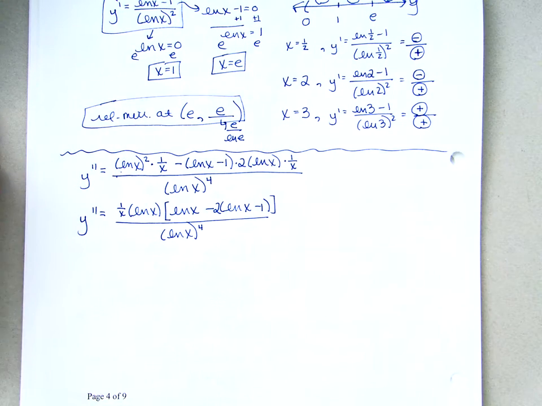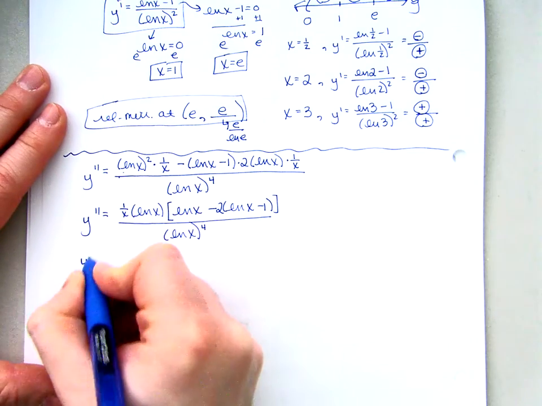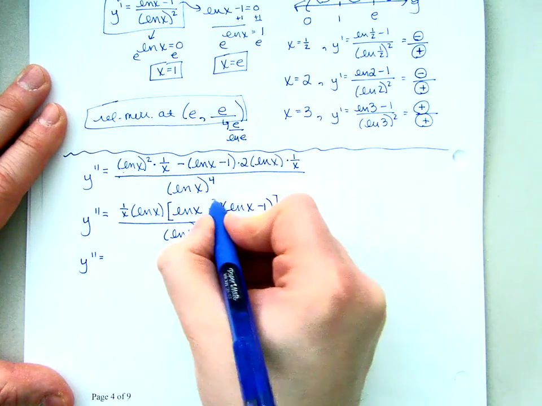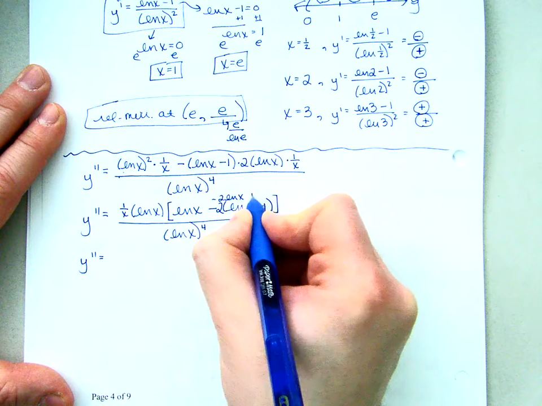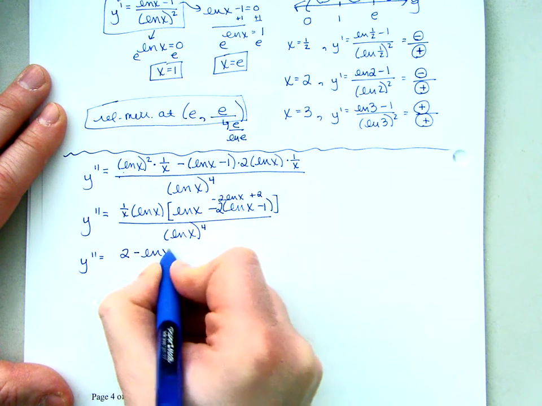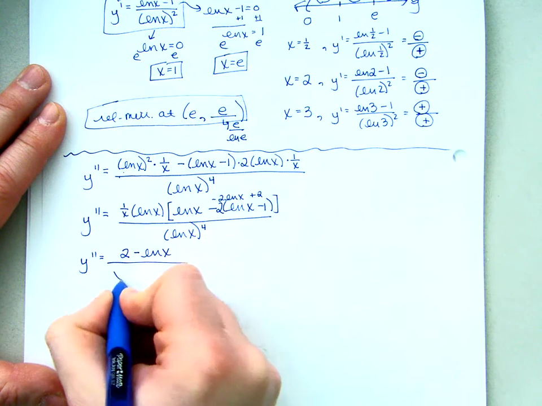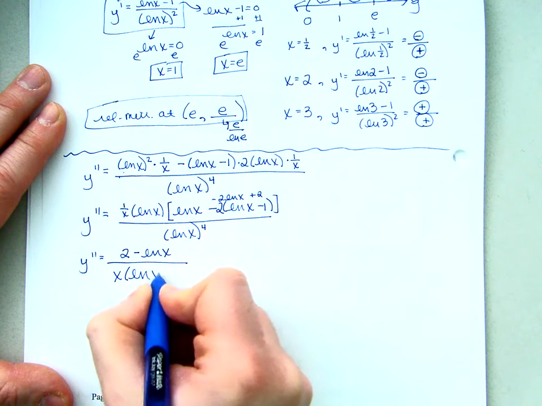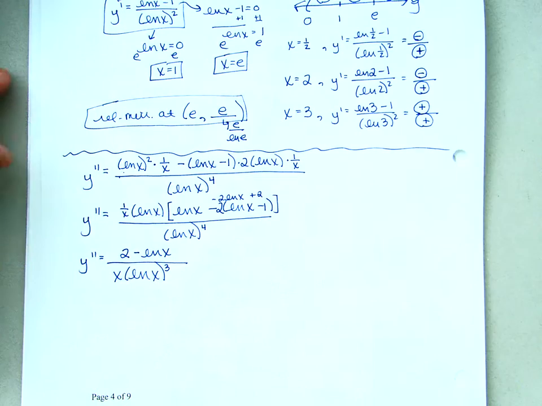Cancel out a natural log of x, and you're going to get, I might as well clean up the top as well while I'm at it, 2 minus the natural log of x over x times the natural log of x cubed.